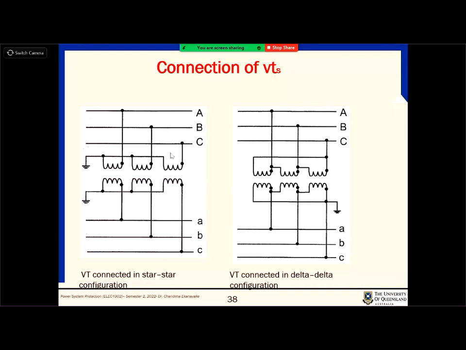But in this one, this point can still be grounded, because these transformers are connected in Y, and therefore the neutral point is not connected to these lines. That point is the neutral point, therefore you can ground it. Remember, in this one you can't just push this point into ground because this is the phase voltage. But on the secondary, it's a must.